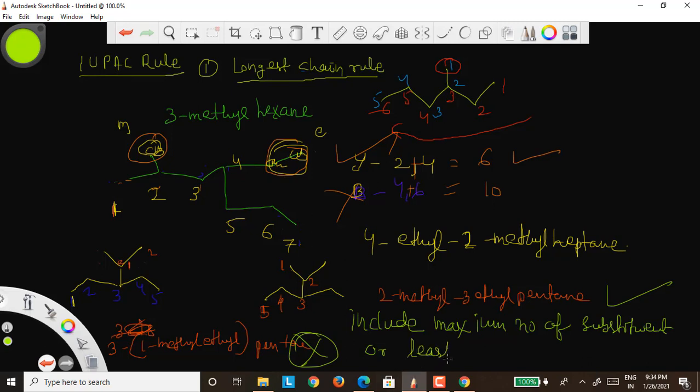You can write least branched side chain or least branched substituent. So the branched chain should be least, the substituent should be least, and maximum number of substituents you have to take. So the maximum number of substituents is coming in this methyl ethyl, that is better. So this numbering is better than this. This is wrong and this is right.